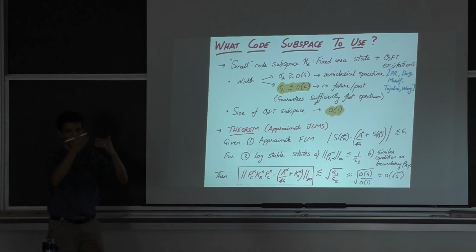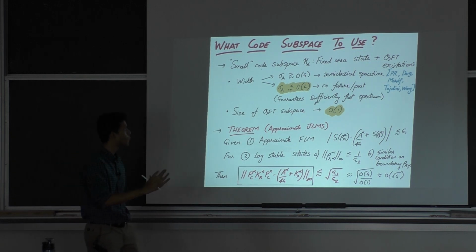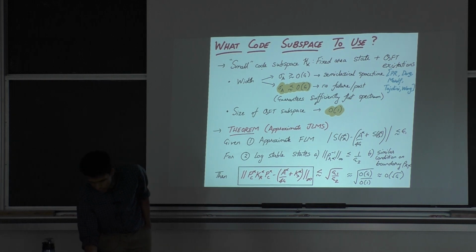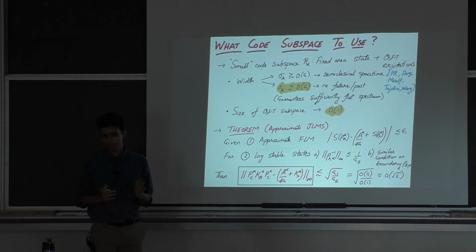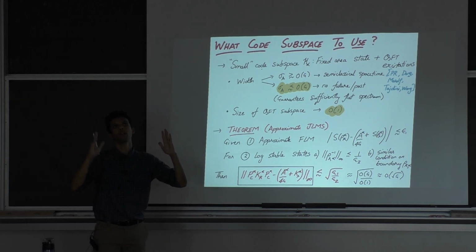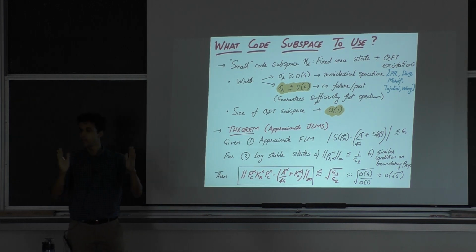So what we're doing is first building what we call a small code subspace, and that's what we use the fixed area state for. So this H alpha is defined as some fixed area state plus excitations on top of that background. And importantly, in these discussions of fixed area states, there's an important parameter, which is the exact width of how much fluctuation you're allowing in the area.